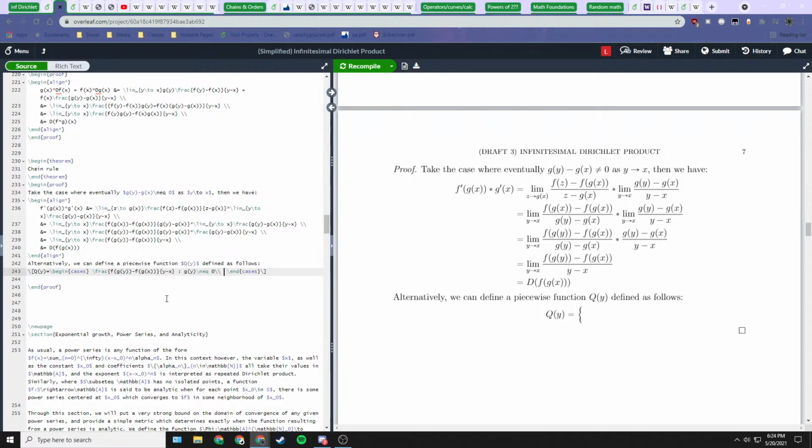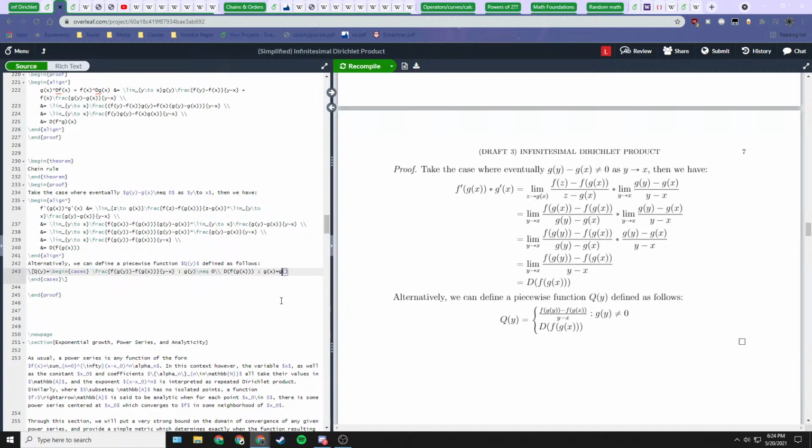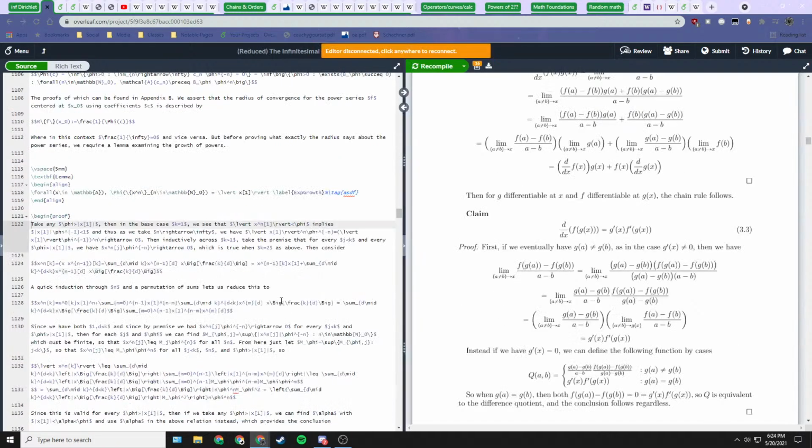Otherwise, we want it to be equal to just the limit that we want it to end up as, which is d of f of g of x, in the case that g of y is g of x, I think.